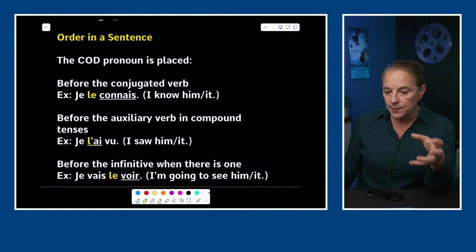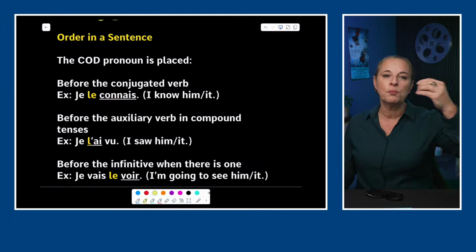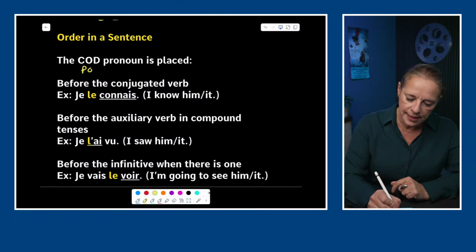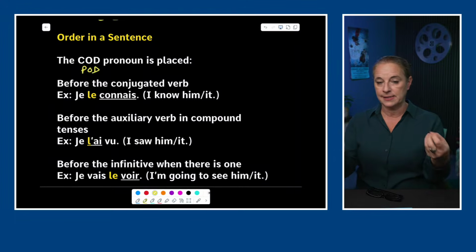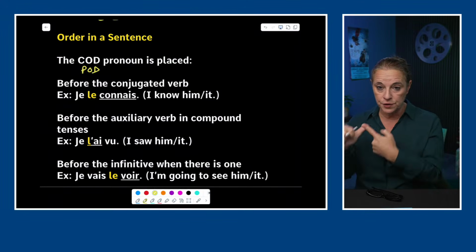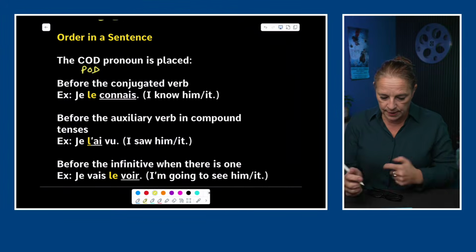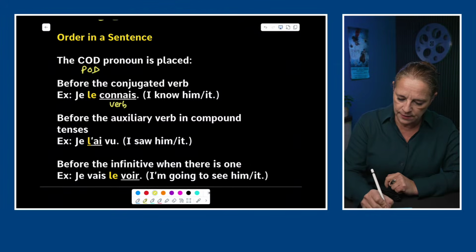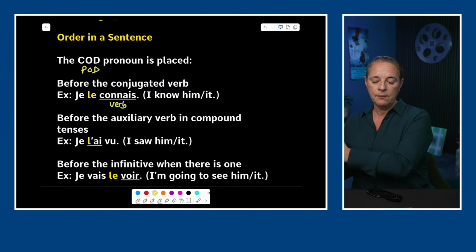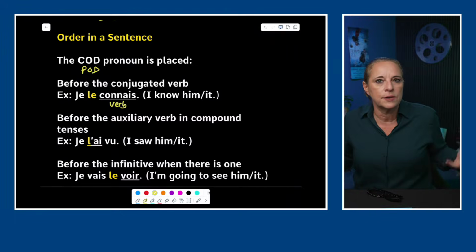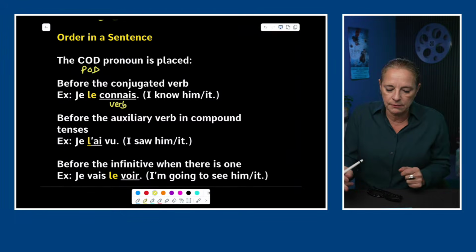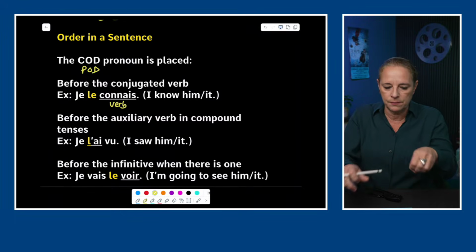So this pronom d'objet direct is placed before the conjugated verb. For example, je le connais. Here's the verb, conjugated, okay? I know him or I know it. That's what that means.